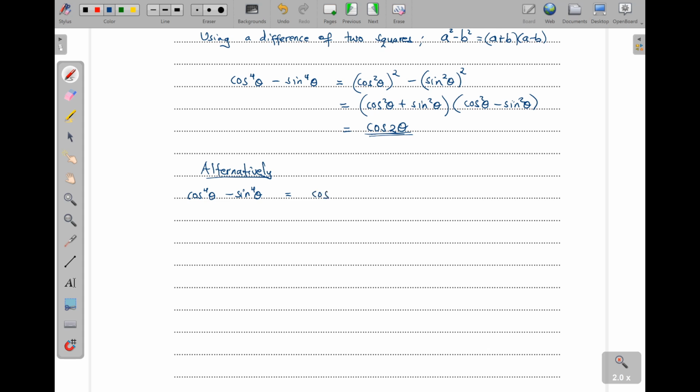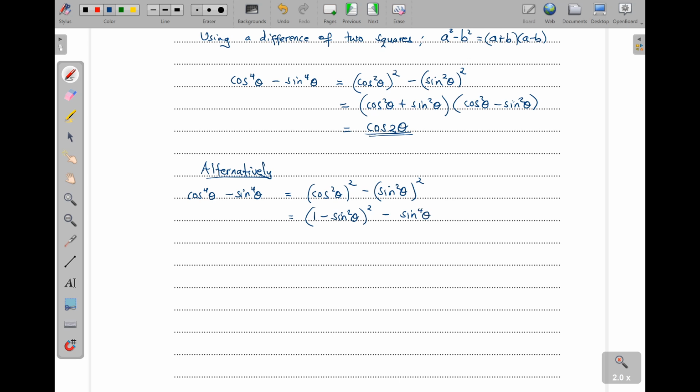So first of all, this is (cos²θ)² minus (sin²θ)². Here I can say (1 minus sin²θ)², then minus sin⁴θ.